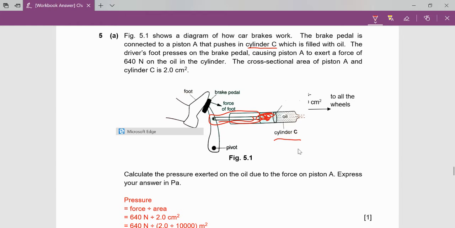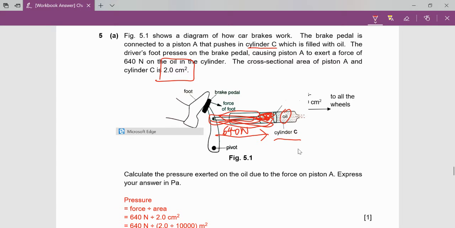Driver's foot presses on the brake pedal, causing this piston to exert a force of 640 newtons on the oil in cylinder C. The cross-sectional area of piston A and cylinder C is 2.0 cm squared.